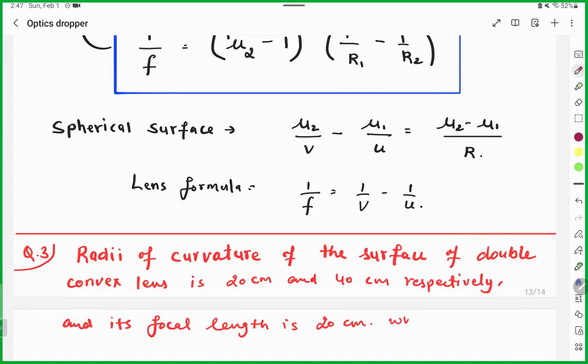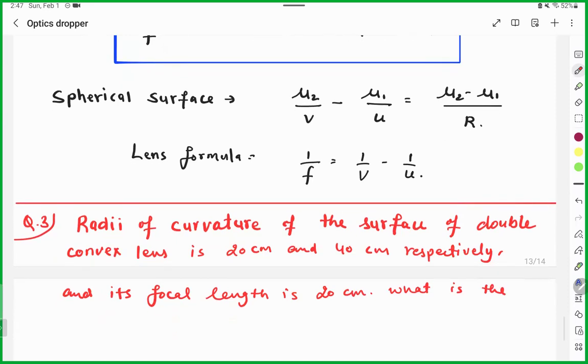What is the refractive index of the material of the lens?